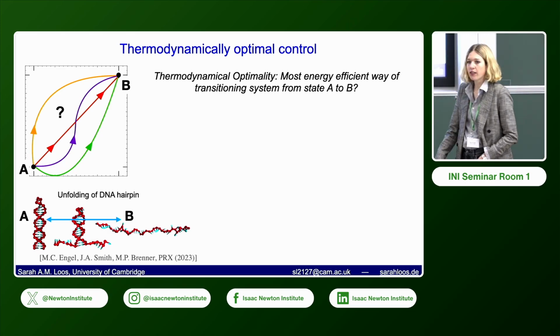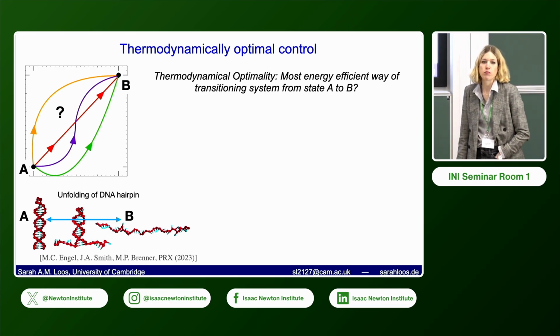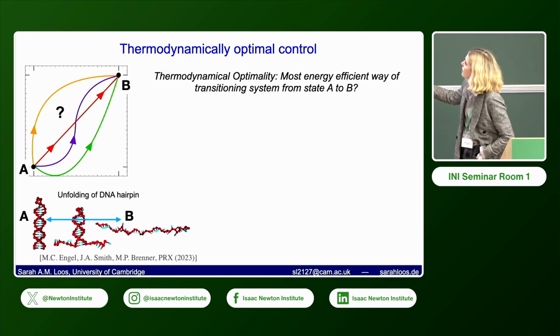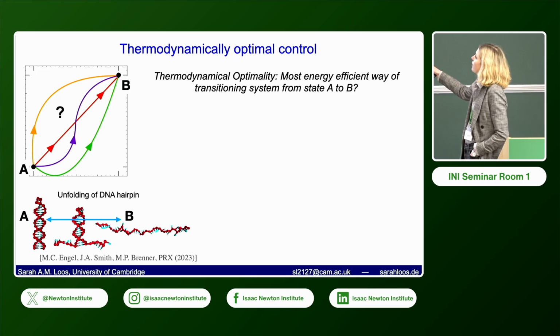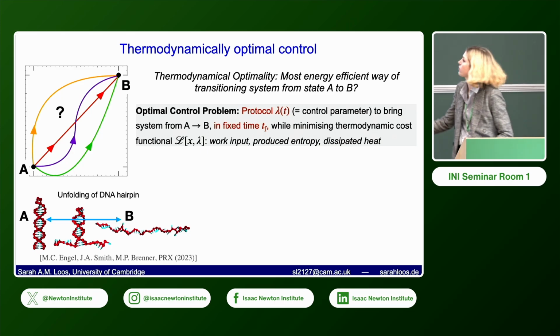Okay, and from a mathematical point of view, if you want to optimize the energy efficiency of some processes, you can view this as an optimal control problem. So in this case, it would be a thermodynamic optimal control problem. So you would ask, what is the most energy efficient way of transitioning a system from state A to state B?